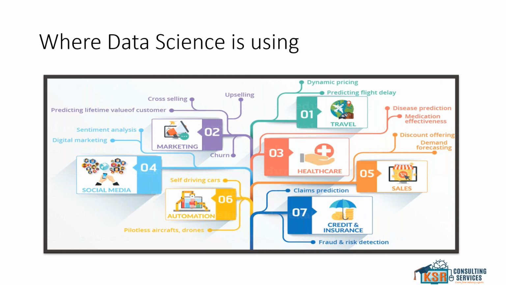Let's say you are using a postpaid service. Every month you are using a base plan of 200. As a company, Airtel reaches out: hey, Mr. Sai, your base plan is 200, but at the end of every month you are paying almost 800 rupees.